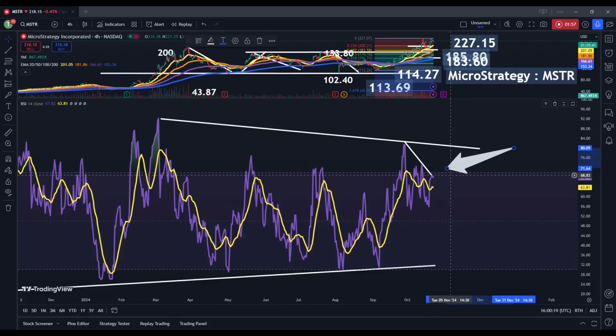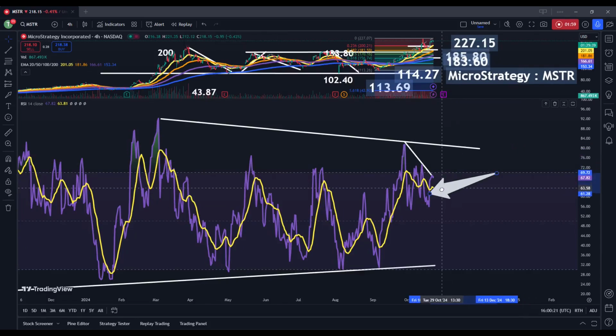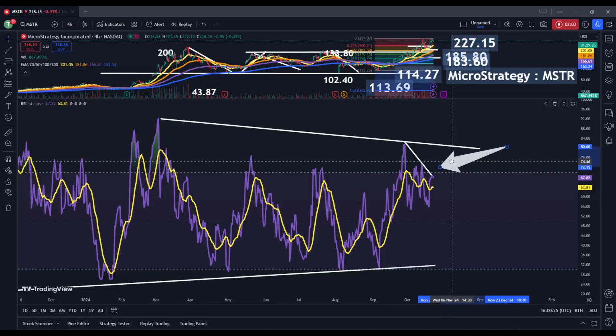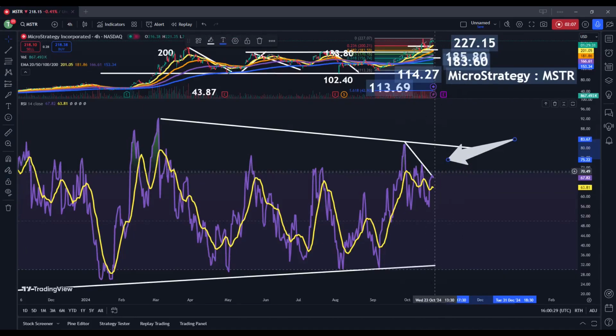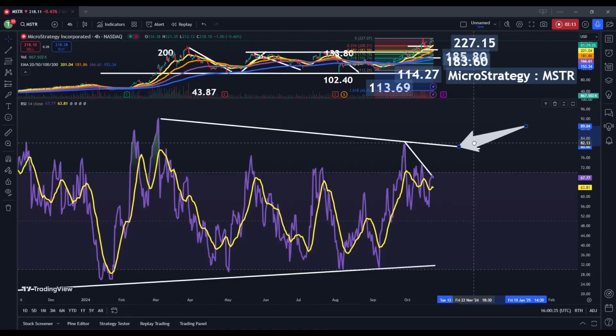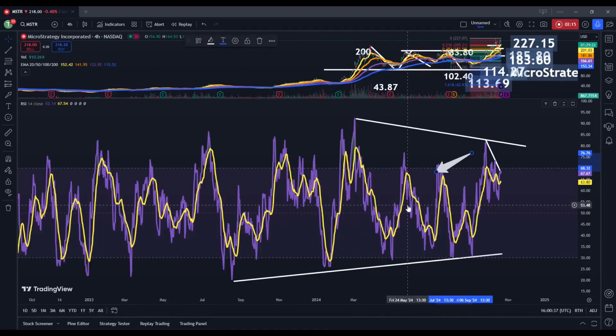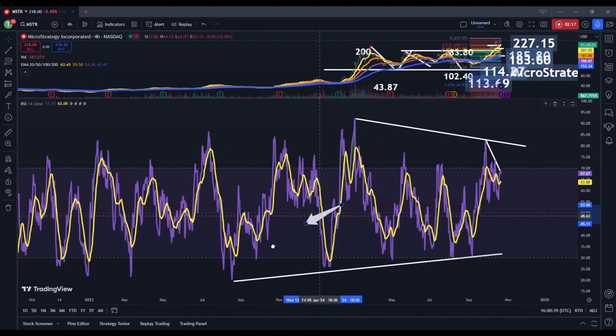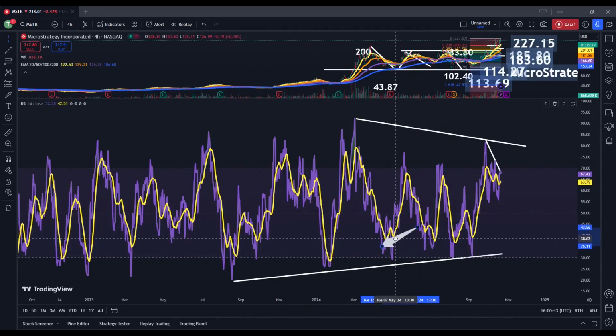The indicator reading itself is not yet in overbought territory, so there is still some room here for that RSI reading to move higher, and that would be a positive because it would suggest that this short-term momentum is no longer active. Longer term, we do still have some negative momentum influencing share prices, but this is balanced with the fact that there's a longer-term reading that is bullish and has been tested on more occasions.